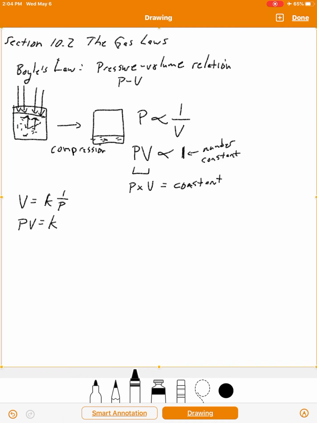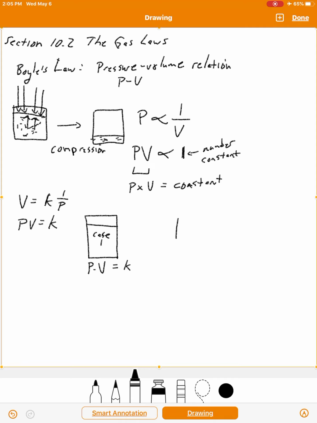Another aspect of this is that if the pressure of a gas times its volume is a constant, that means that this situation here, the pressure of the gas here times its volume is equal to a constant. So we'll call this case 1.